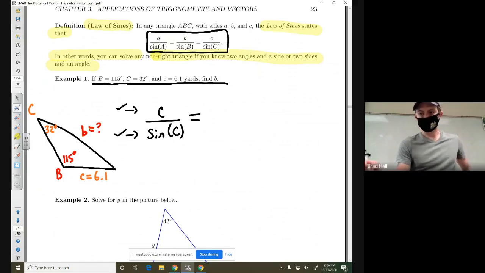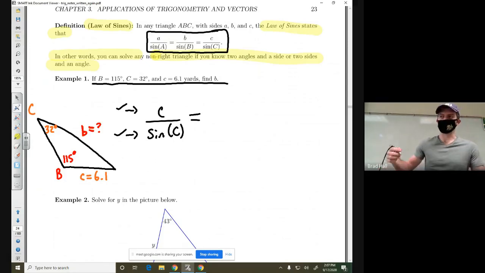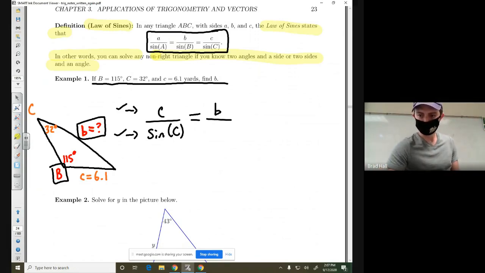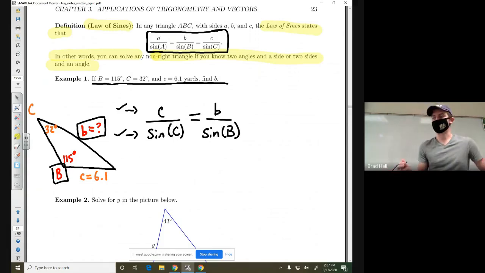Now we need to figure out which ratio helps solve for what we're looking for. Of course, that's the B's, because we don't know little b, but we know capital B. So we can utilize the formula as such. Notice I'm not even touching the A stuff; we don't need it.